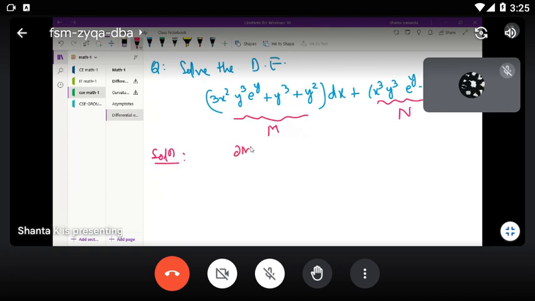So check whether it's exact or not. So del m by del y: we have 9 x square y square e power y plus 3 x square y cube e power y.